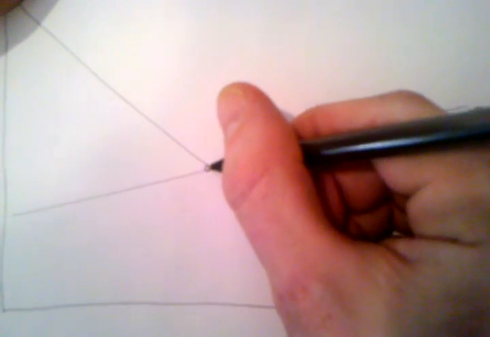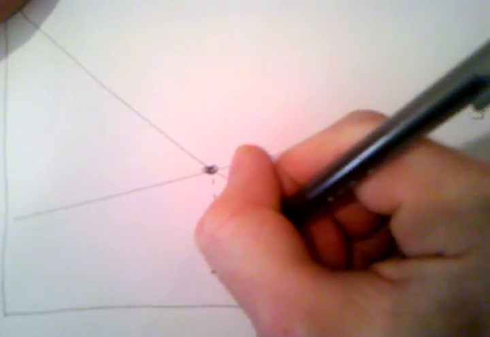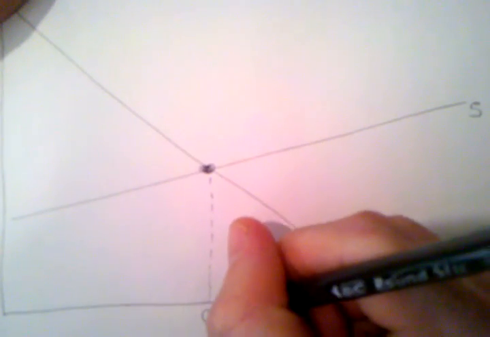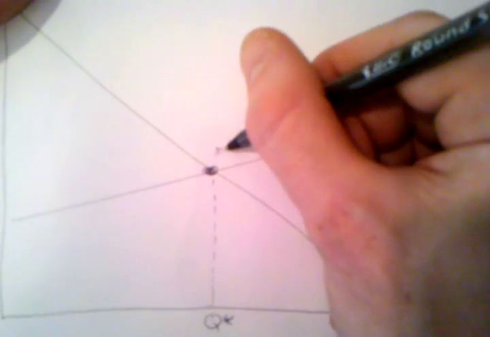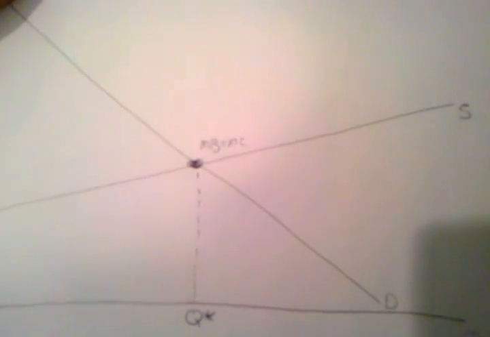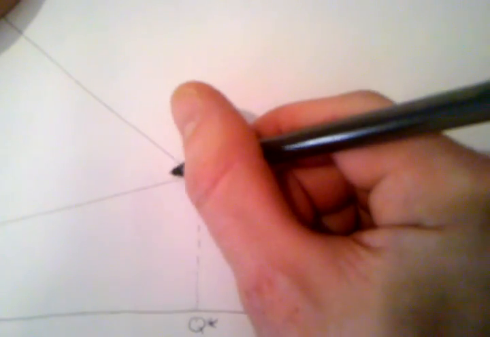Here we have our efficient quantity, call this Q star, where marginal benefit equals marginal cost. And here we have our efficient price, which I'll call P star.